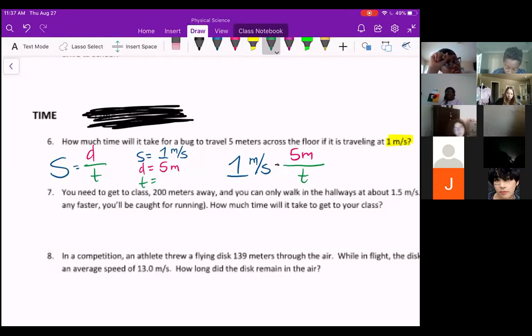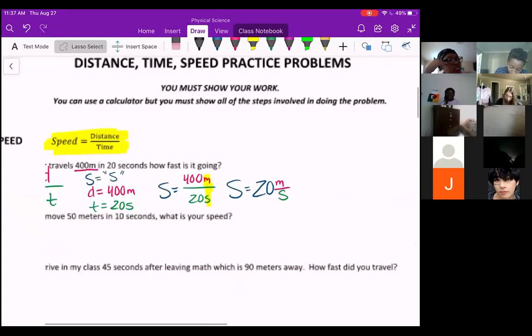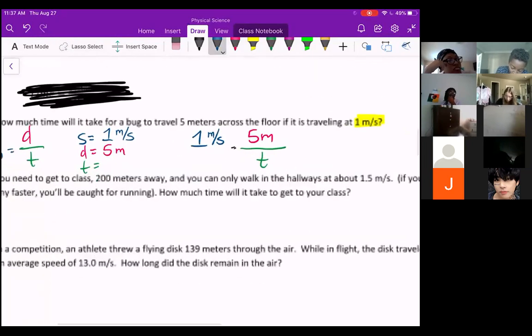All right, so the easiest thing to do, I'm gonna show you a shortcut in a second, but the easiest thing to do is to cross multiply. So we can pretend that this 1 meter per second, we can make this look like a fraction as well. We can say that this is over 1, okay?